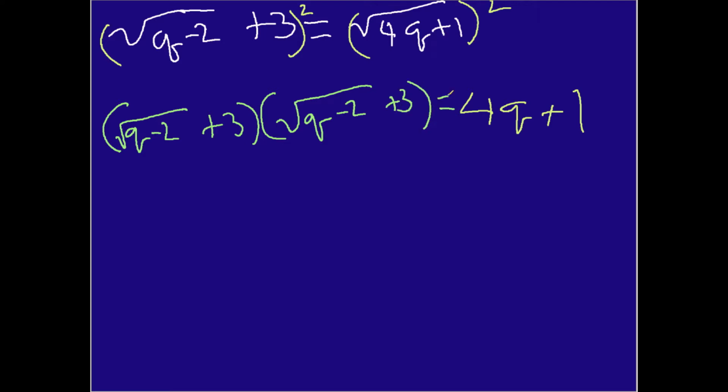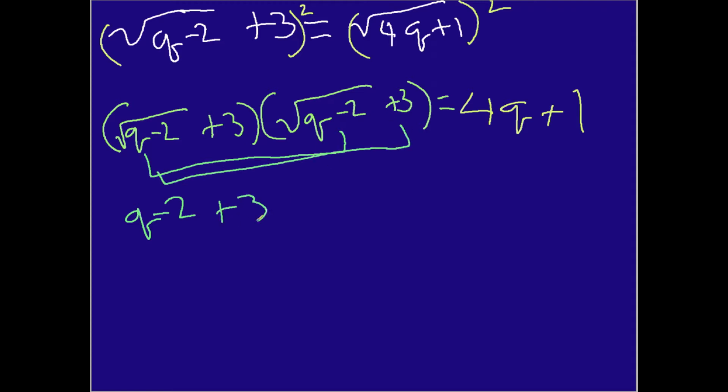Okay, now what we need to do is deal with all the different factoring for this. Again, it'll take some time, but we don't want to skip steps for the beginners, people who are not familiar with this. This is based on binomial squares, but we're going to work it out longhand just for the sake of clarity. So when you take the square root of q minus 2 times the square root of q minus 2, you get q minus 2, and then you multiply that by that, and so you get plus 3 times this square root of q minus 2, like so.